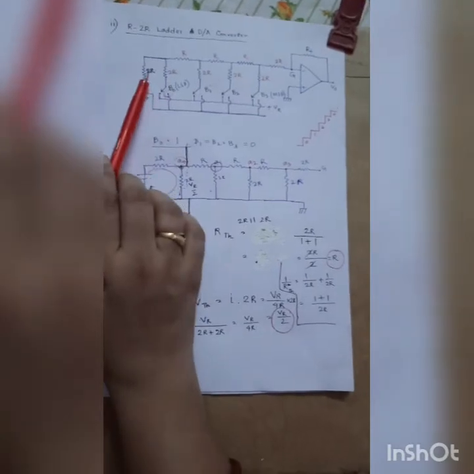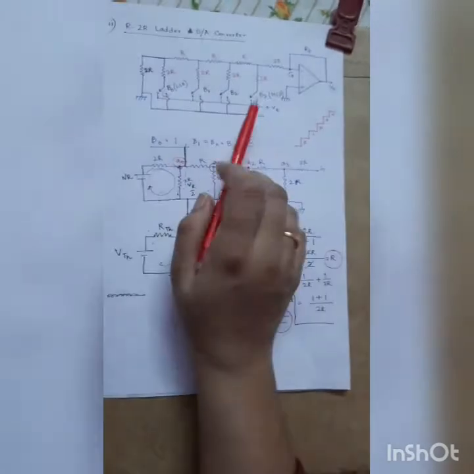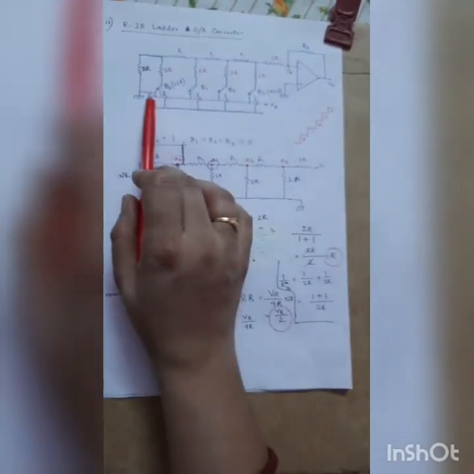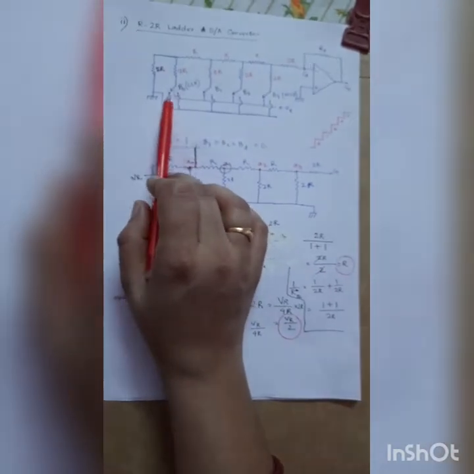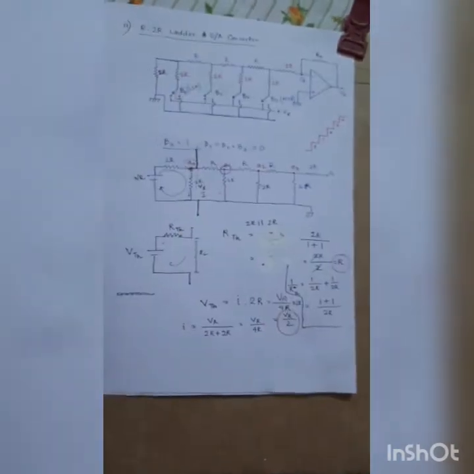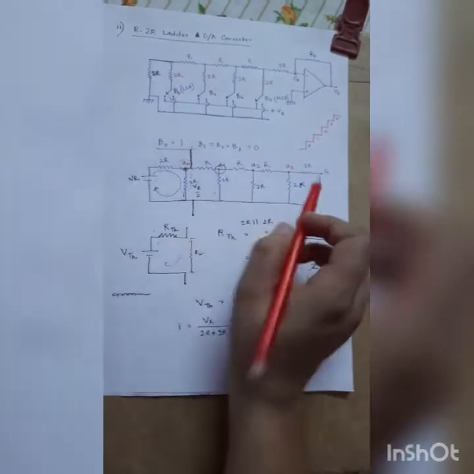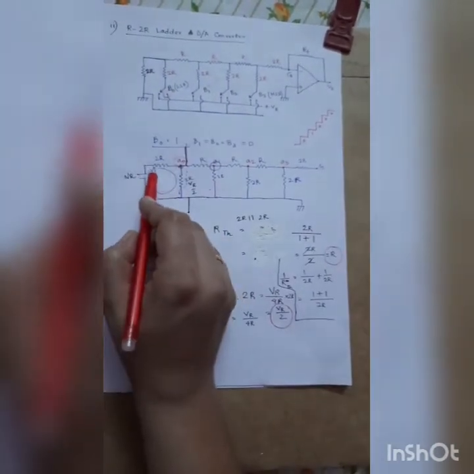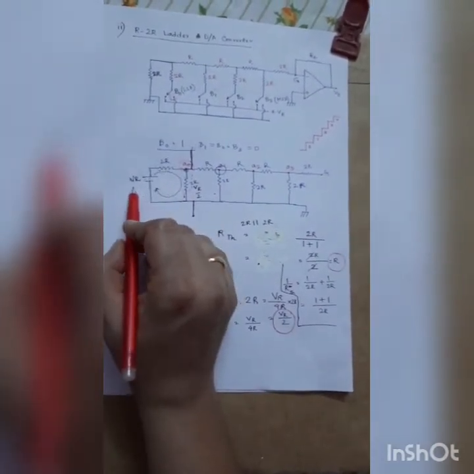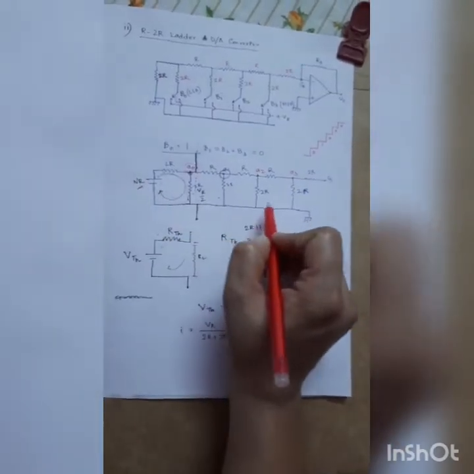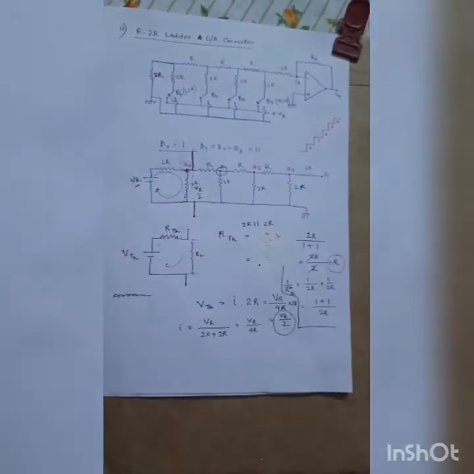Here this 2R and 2R are in parallel, and VR is coming this way with the switch B0, and other switches are grounded. So the value of the power supply is VR, and all other switches are grounded.